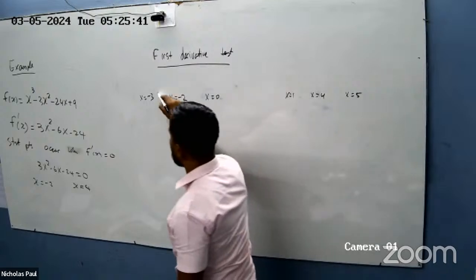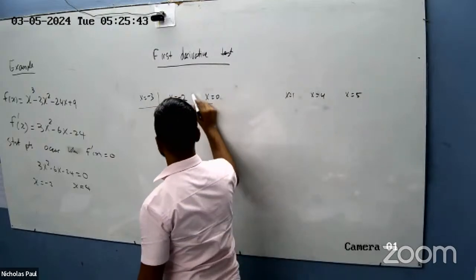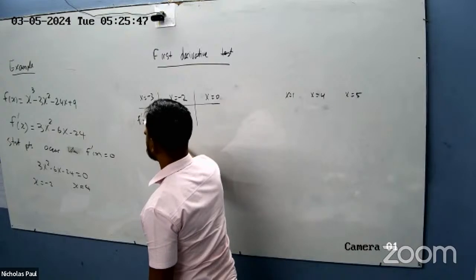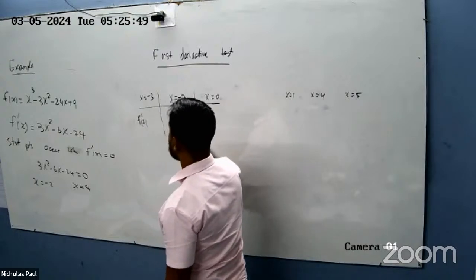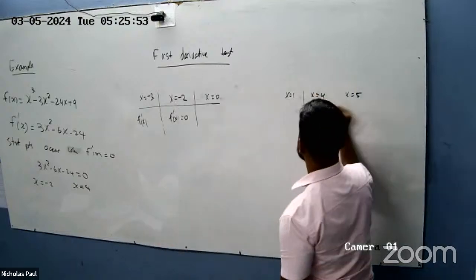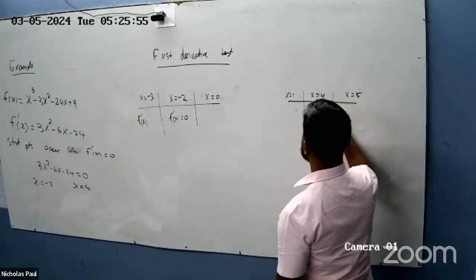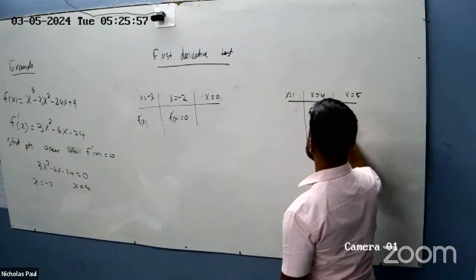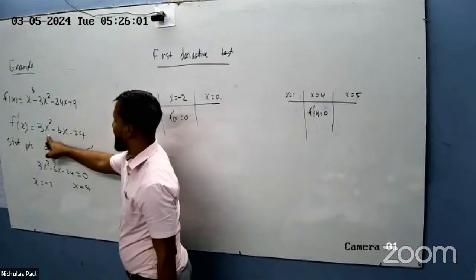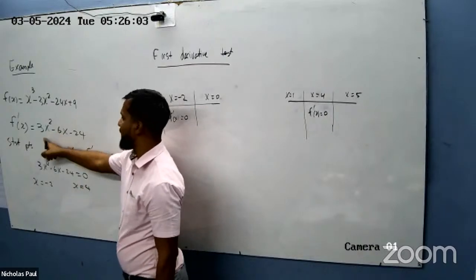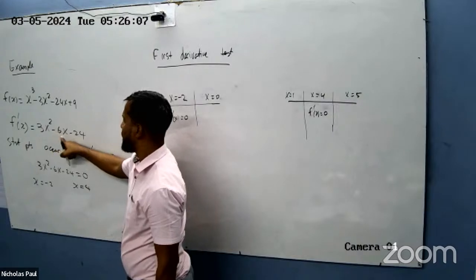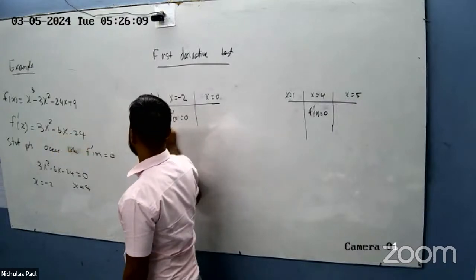Our objective now is just to check the sign of f prime x. Of course, when x is minus 2, f prime x is 0, and when it's 4, f prime x is 0. So when it's minus 3, put minus 3 in here: positive 9, 9 by 3 is 27, 27 plus 18 minus 24, again more than 0.